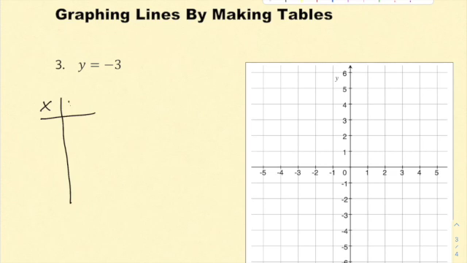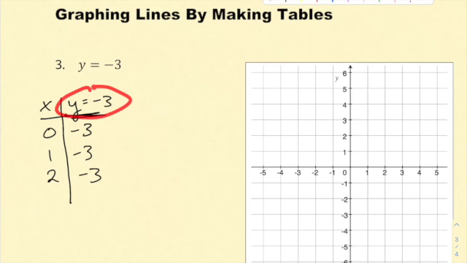Well, in this case, if you think about it, it's saying y equals -3. It's kind of telling you it doesn't matter what x is, 0, 1, 2, y is going to be -3 no matter what x is. It's like saying I don't even care what x is. Y is -3. Bam.